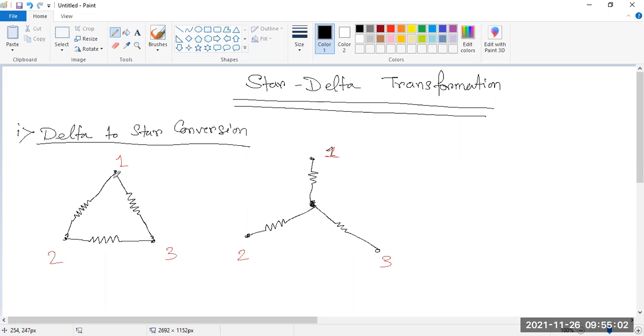So you can say these are RA, RB, and RC. Here are R1, R2, R3.